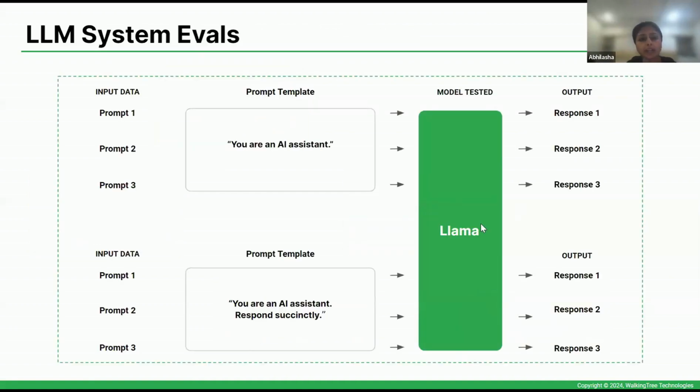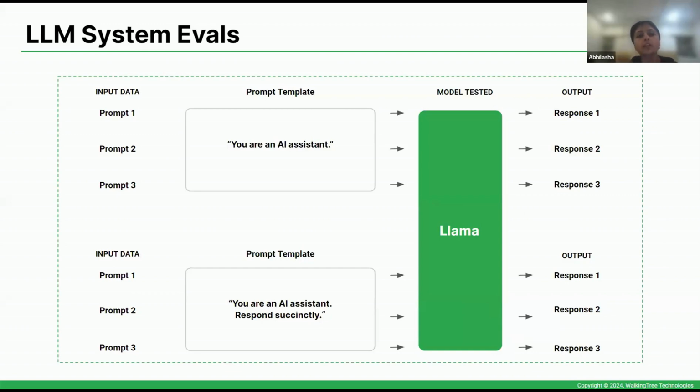Now, the second important thing is system evaluation, because here you have finalized the model which you are using. Now you have to finalize, or assess, the other parameters which will add to the variation of your output. And that is where the prompt is a very important factor, because by modifying the prompt, you can actually control your response. So we all know that, that's all about controlling the model using the prompt.